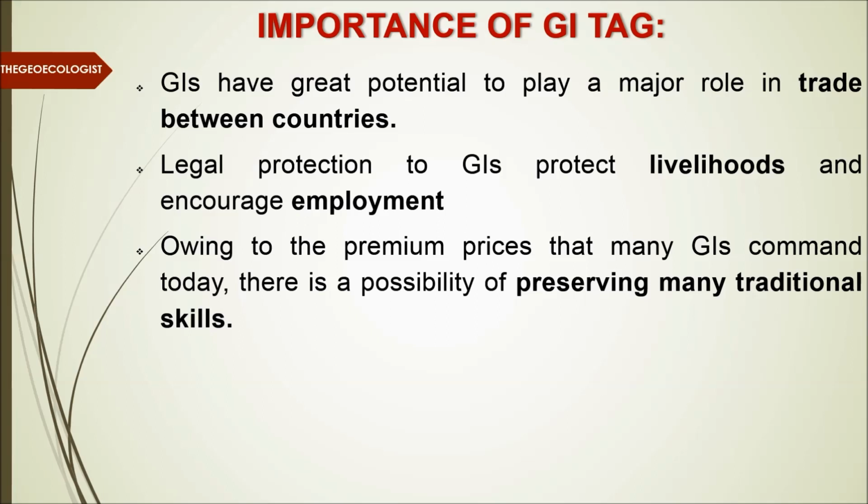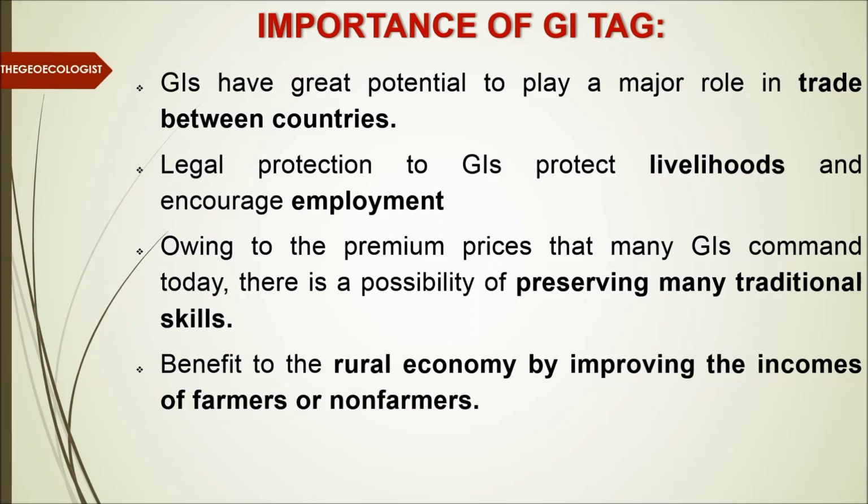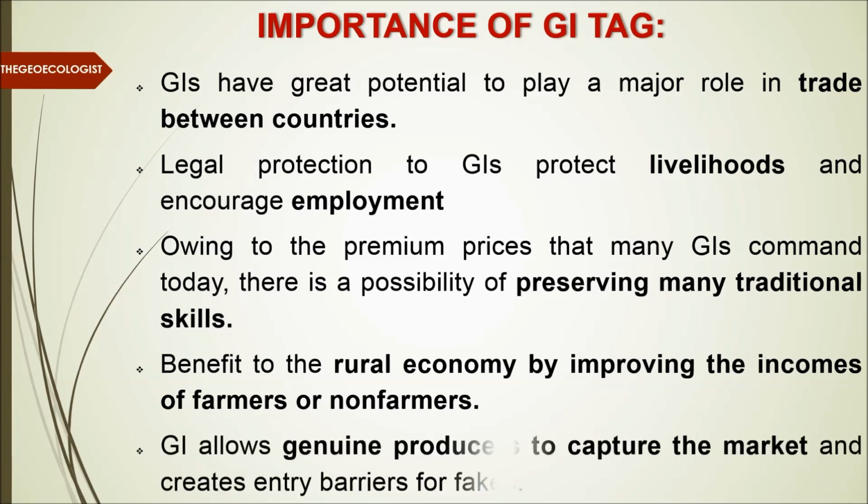Alright? Then, benefits to rural economy, that's very much important, by providing income to the farmers or non-farmers, whosoever is engaged in the activity. So it gives strength to your rural economy, a rural boost, right? And GI allows genuine producers, not the fake ones.